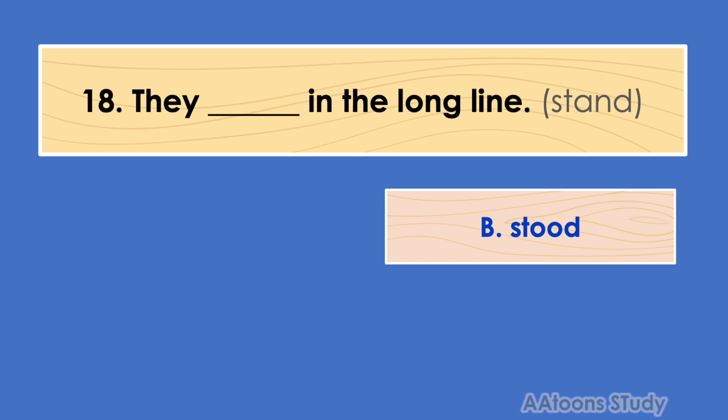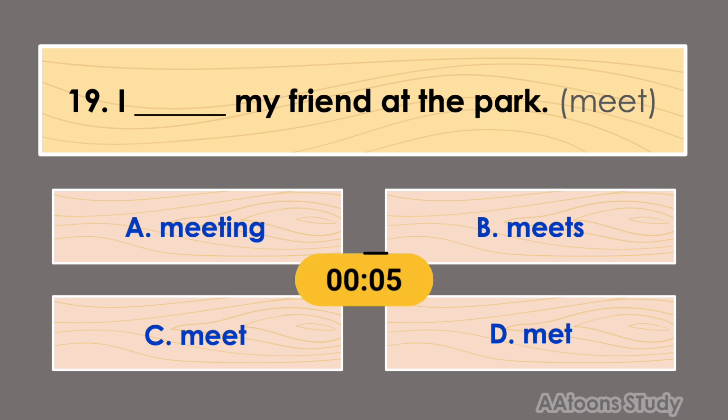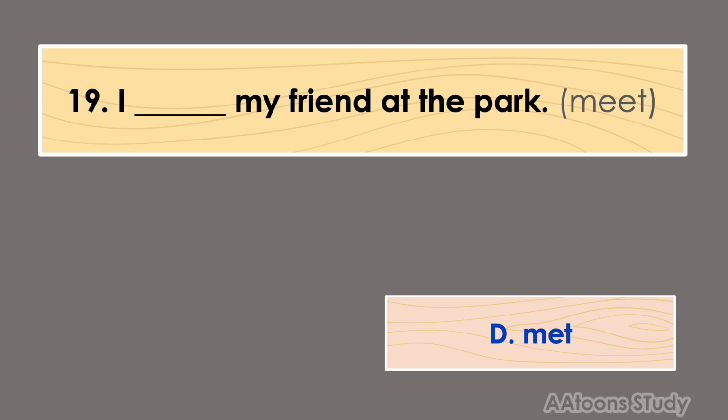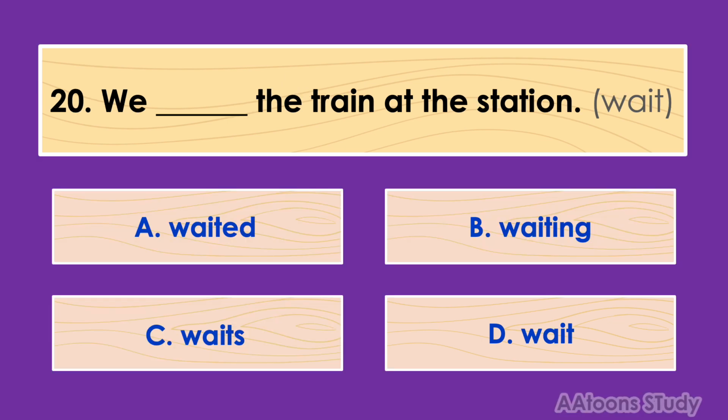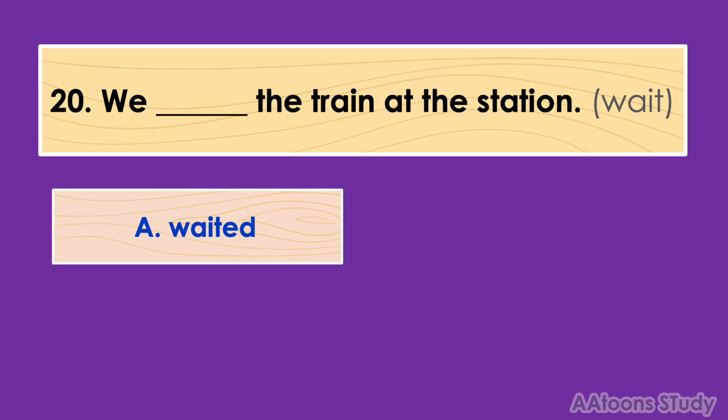Stood. They stood in the long line. I ___ my friend at the park. Met. I met my friend at the park. We ___ the train at the station. Waited. We waited the train at the station.